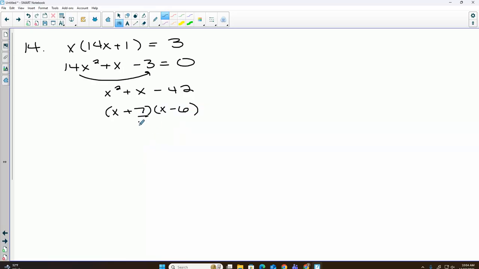We have to divide the 14 back. So 2x plus 1. Over here, if we divide by 2, we get 7x minus 3. Set those equal to 0. We get the -1/2 and the +3/7.